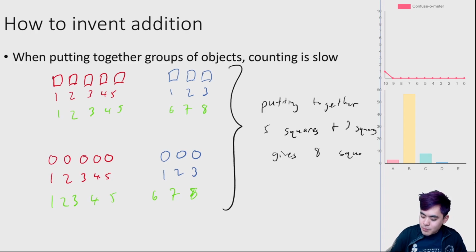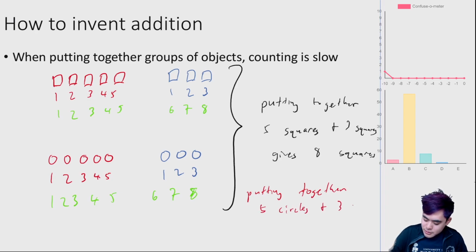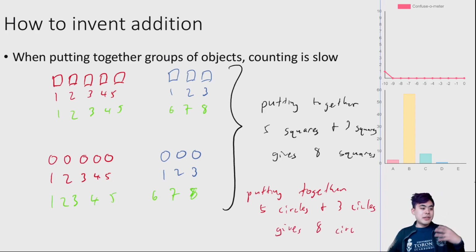And at the same time, we also know that putting together 5 circles and 3 circles gives 8 circles. So the type of object that we are counting doesn't make a difference when we're putting them together.